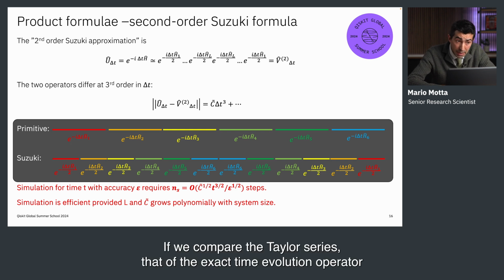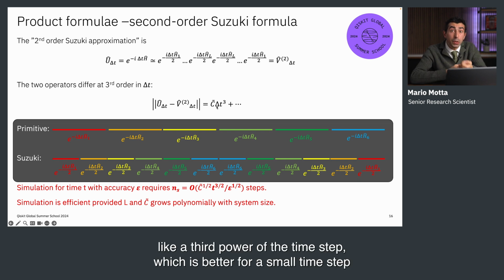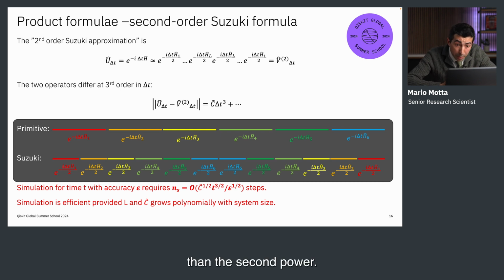If we compare the Taylor series of the exact time evolution operator and of the Suzuki approximation, we find that the error scales like the third power of the time step, which is better for a small time step than the second power.